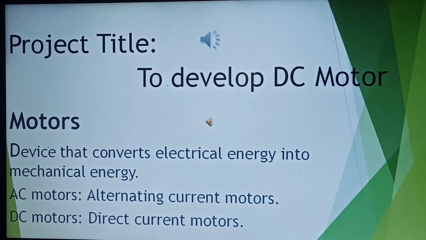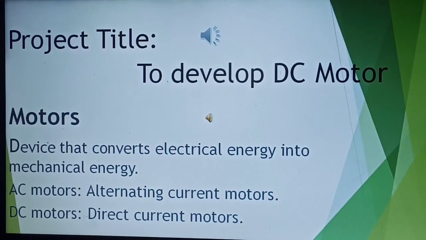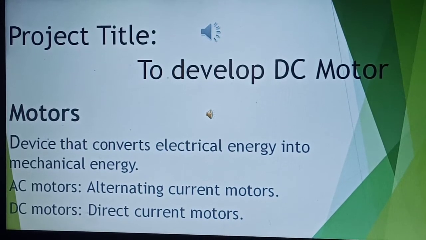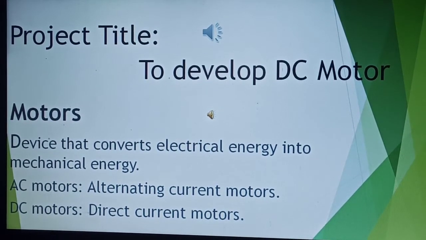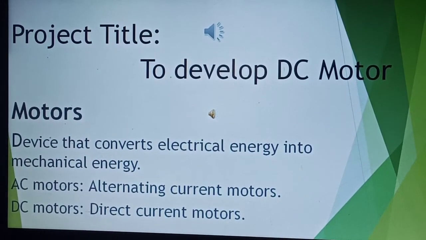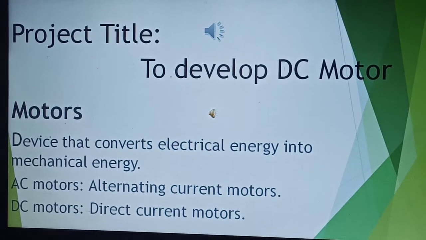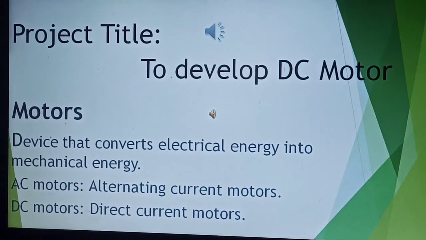Now, let's come towards DC motors. Before doing that, we must know the basic definition, which is the motor. A motor is an electrical device that converts electrical energy into mechanical energy. For example, if I want to uplift water from the ground level to an upper level of a house, I am supposed to use a motor.